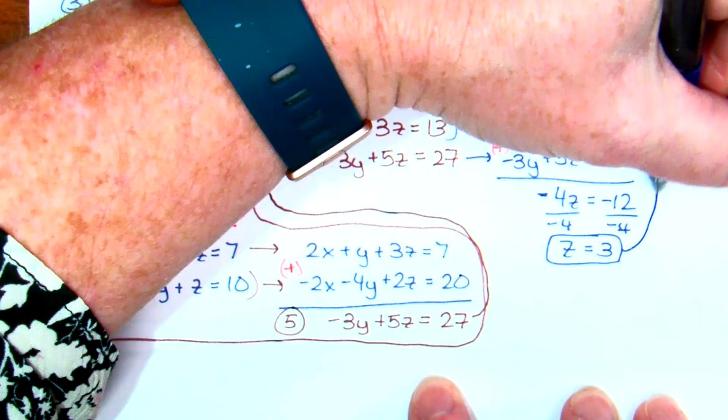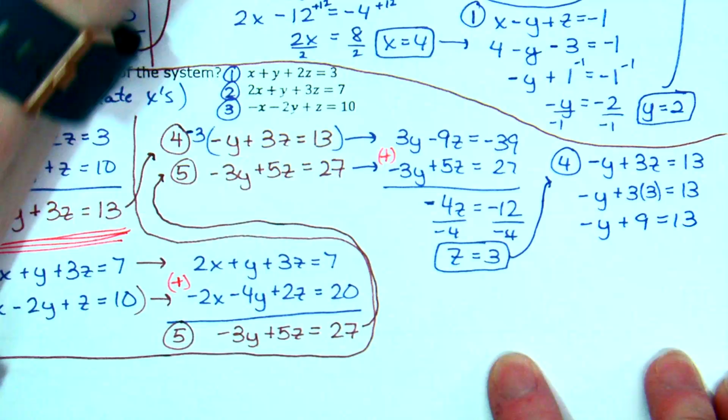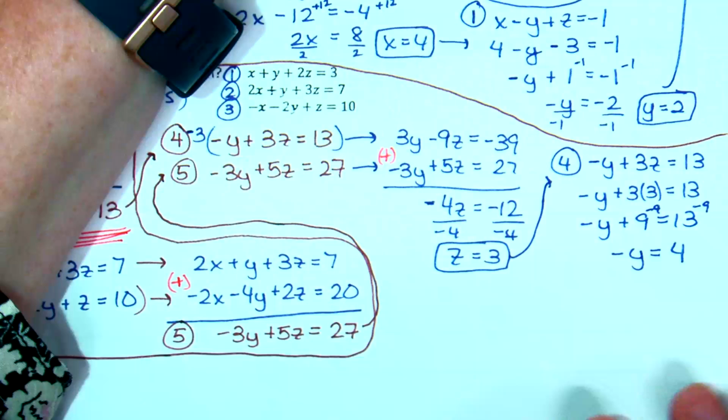Your pick. So if I plug it into equation 4, negative y plus 3z equals 13. So negative y plus 3 times 3 equals 13. I'm off the screen, sorry. Negative y plus 9 equals 13. Subtract 9. Negative y equals 4. Divide by negative 1, and y is negative 4.